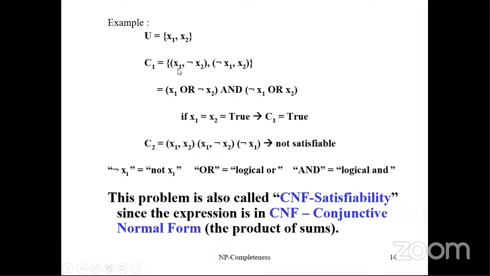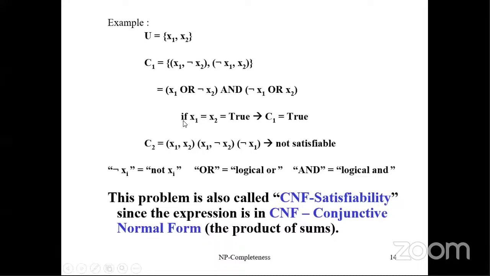The conjunction is expressing that for x1, we can expand this set as x1, not x2, as an instance, comma, not x1, x2. If you remove them from this set, you still come back to this. But because we are expanding, we say this is equal to x1 or not x2, and not x1 or x2. Now we are bringing the conjunctive operator there.